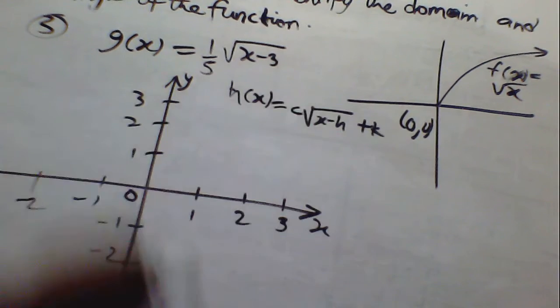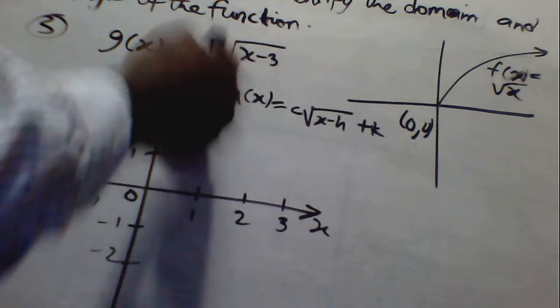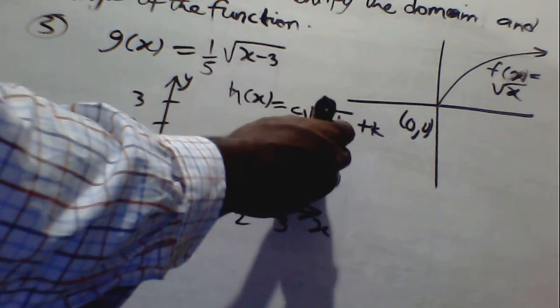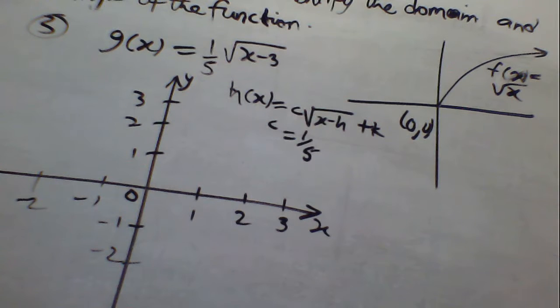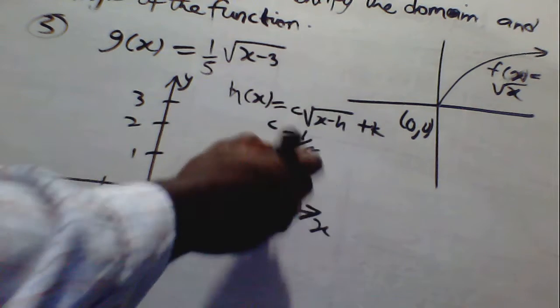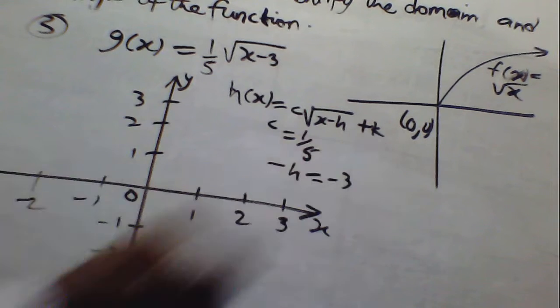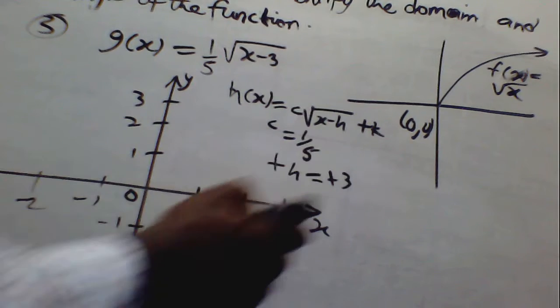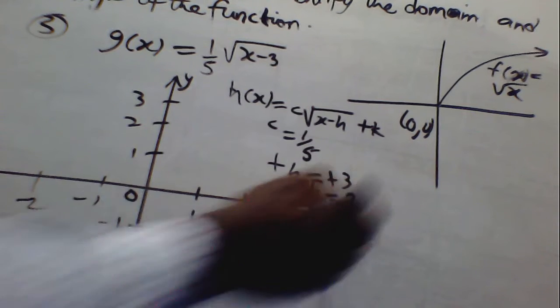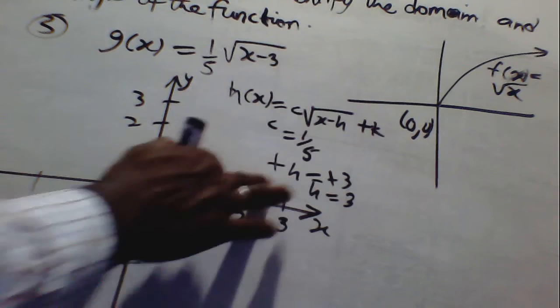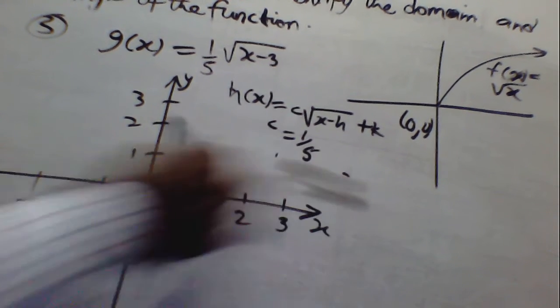From here you can define how this graph looks. Here our c is equal to 1 over 5. That is a vertical stretch by a factor of 1 over 5. While minus h is equal to minus 3, is it not? So the minus can cancel out to give us h equals 3. The graph will move to the right by 3 units.